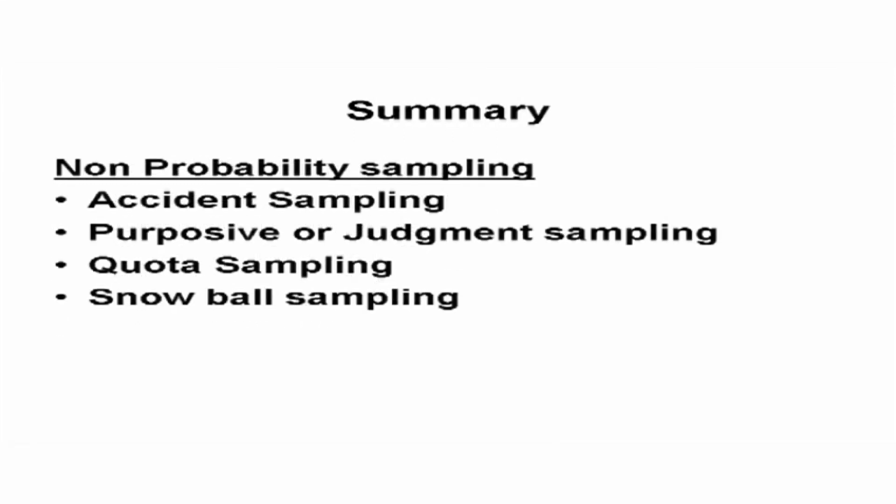Under non-probability sampling, there are four types: accident sampling, purposive sampling, quota sampling and snowball sampling.